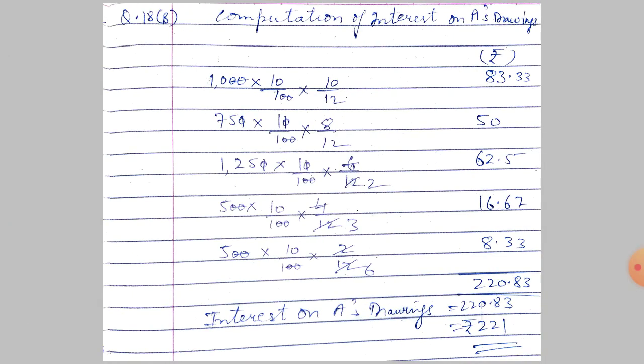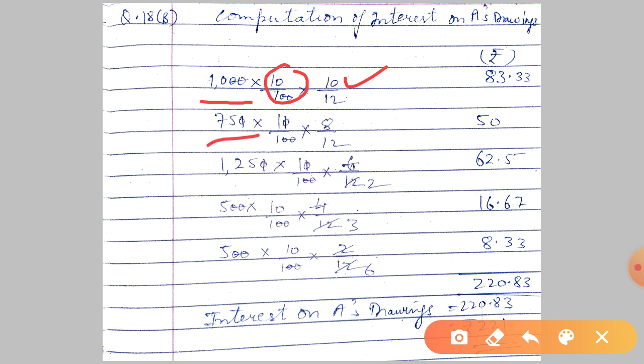See, 1000 was the drawing and it was on 1st June, so 10 months, and this is the rate of drawings. Same way, the second drawing was made on 1st August, 750. So how much time period is remaining? From August till 31st March: August, September, October, November, December, 5 months plus 3 months, 8 months.